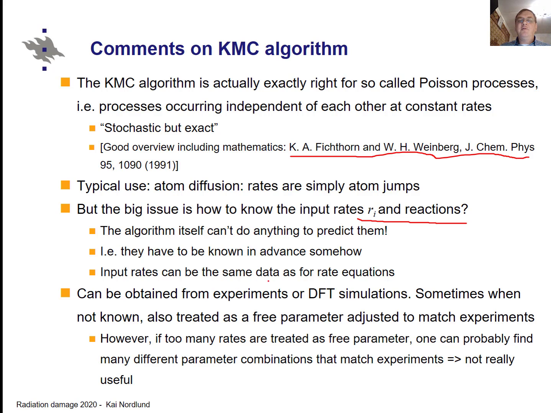But as said, the basic approach to get them is the same as for rate equations. You can obtain them from DFT or MD simulation, ideally from experiments, but very rarely are the defect reaction processes known experimentally well enough to be used in a more complex system. The migration of a single atom in a pure element is typically known experimentally, but that's about it.